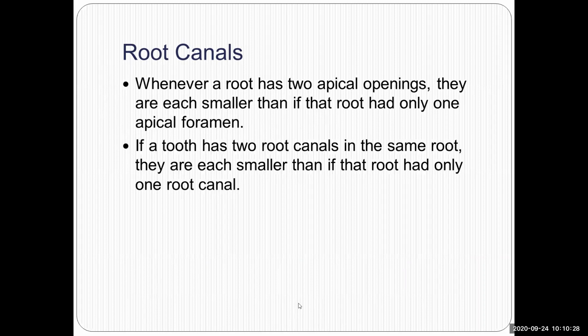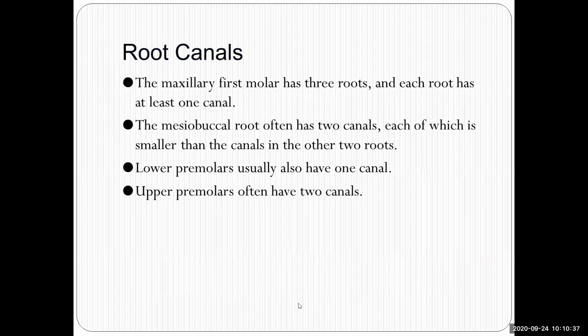If a tooth has two root canals in the same root, they are each smaller, okay? The maxillary first molar has three roots, and each root has at least one canal. The mesiobuccal root oftentimes has two canals, each of which is smaller than the other two roots.